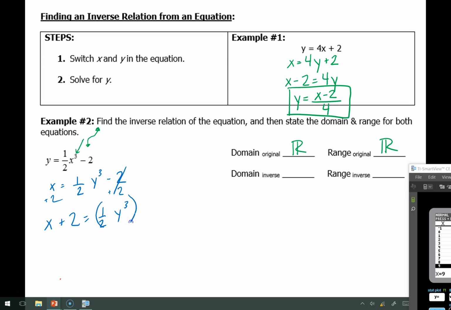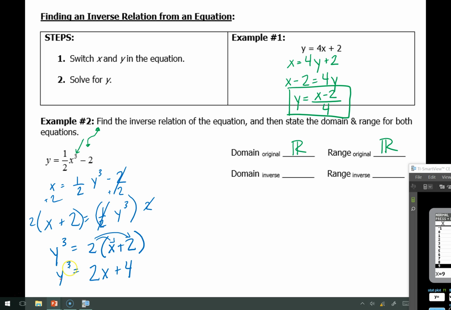And then I need to multiply both sides by 2 because that will get rid of this 1/2. So that gives me y to the third is equal to 2 times x plus 2. And then I'm going to go ahead and distribute this 2 into that factor. y to the third is equal to 2x plus 4.